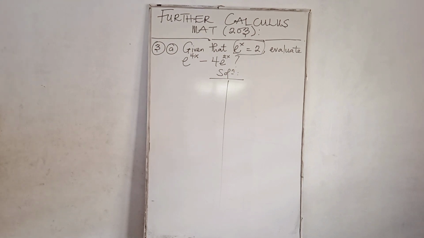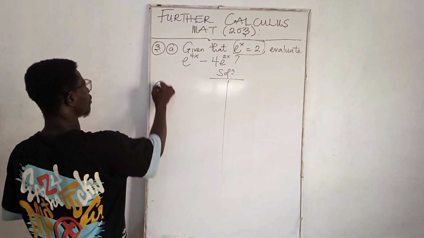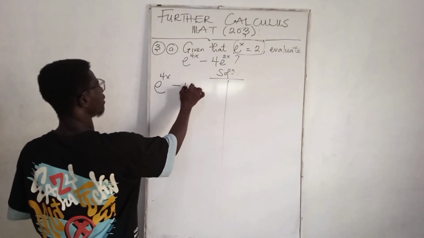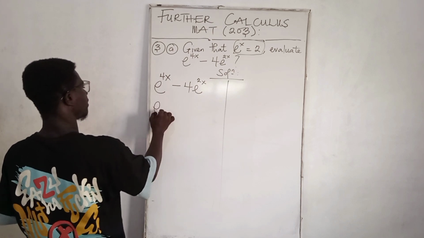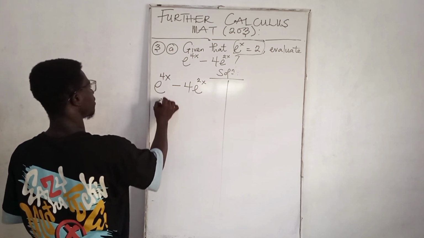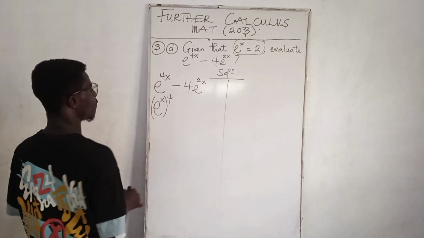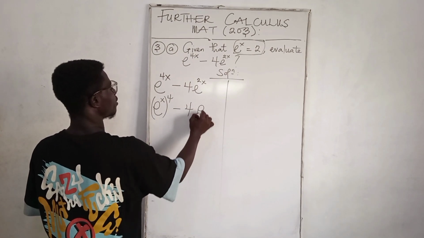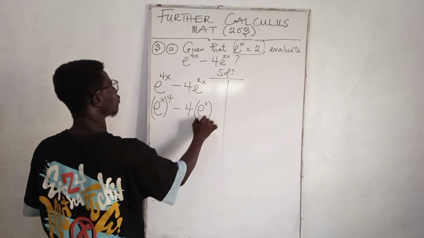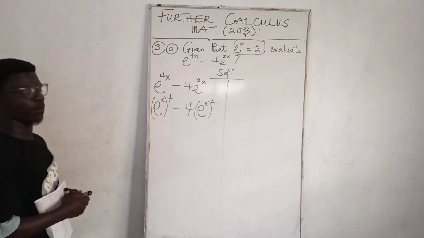So now let's see. If I have e to the power 4x minus 4 to the power 2x, I can write this as e to the power x, all to the power 4, minus 4 times e to the power x, all to the power 2.